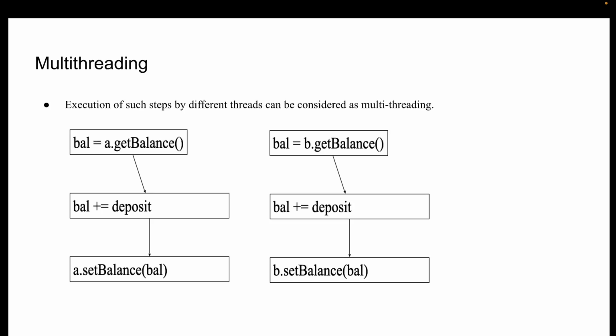And at that same time, thread B already withdraws that particular amount. So they both have access to the same bank account. So what happens? Thread A has seen $1,000 in the bank account. Thread B has also seen $1,000 in the bank account.